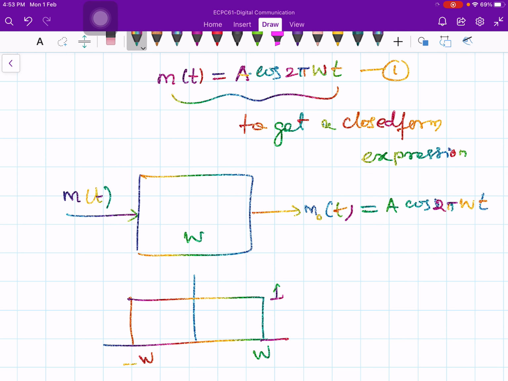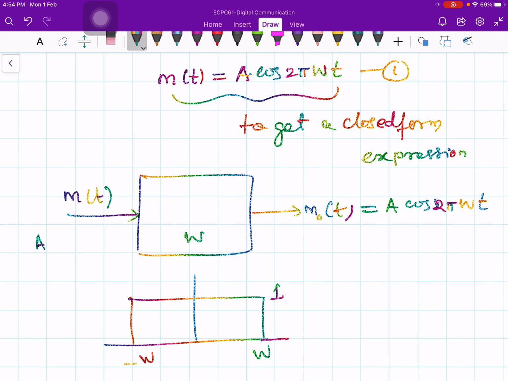Whatever you give to the low pass filter, the same thing will appear in the output also. Your delta modulated signal is coming in at this point, which has been integrated already and low pass filtered.